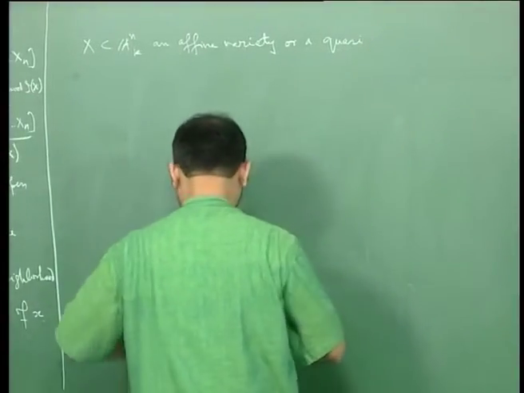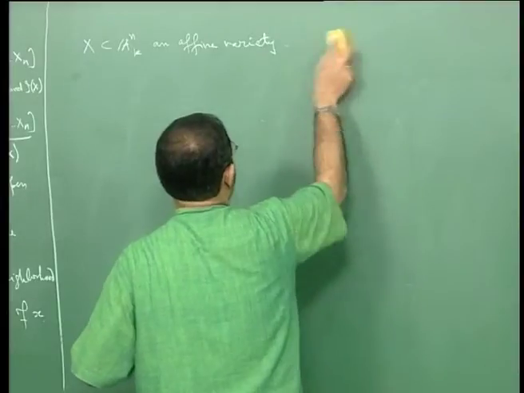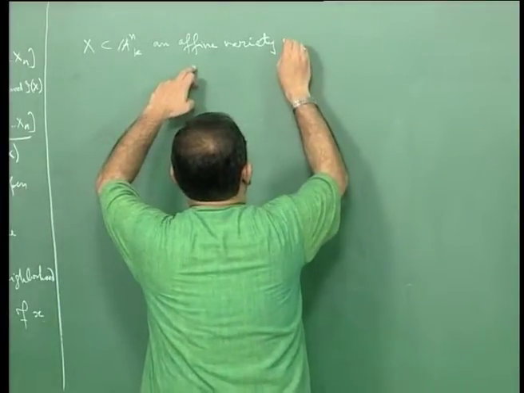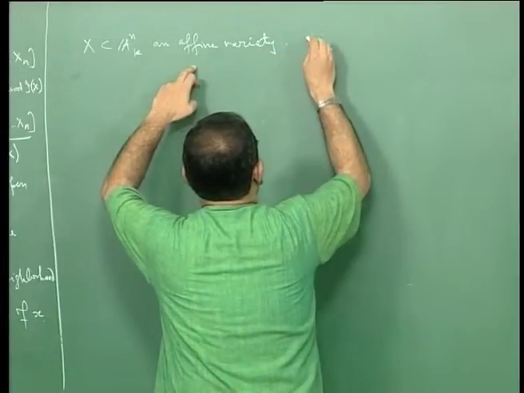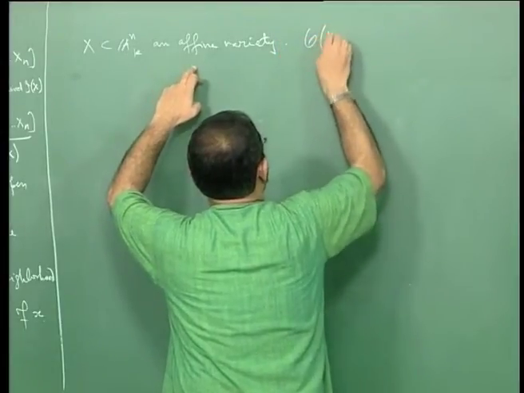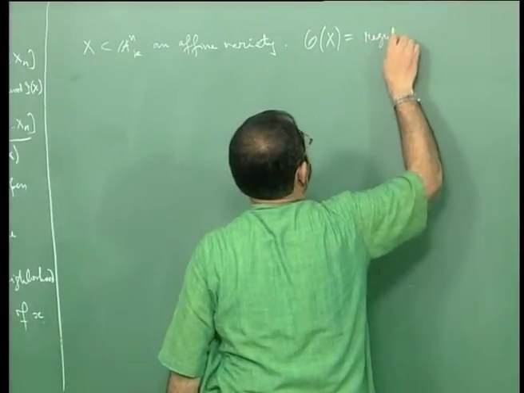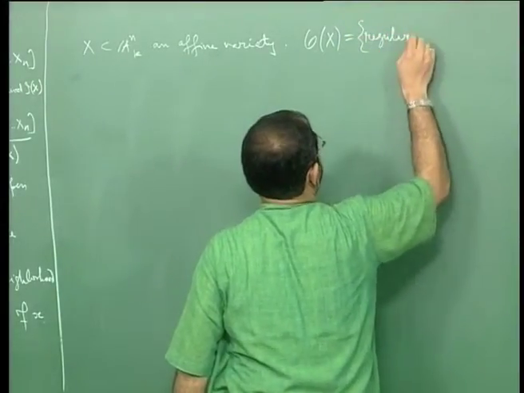Let me do it one by one. Let X in A^n be an affine variety. I define O(X) to be the set of regular functions on X.